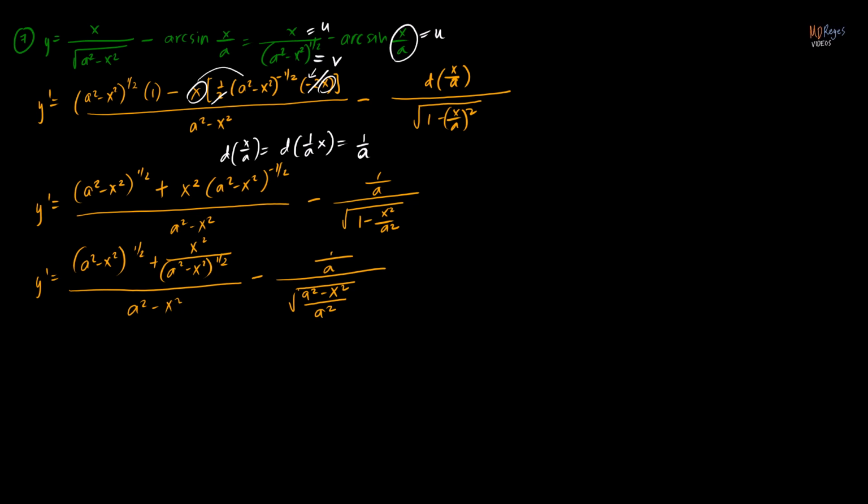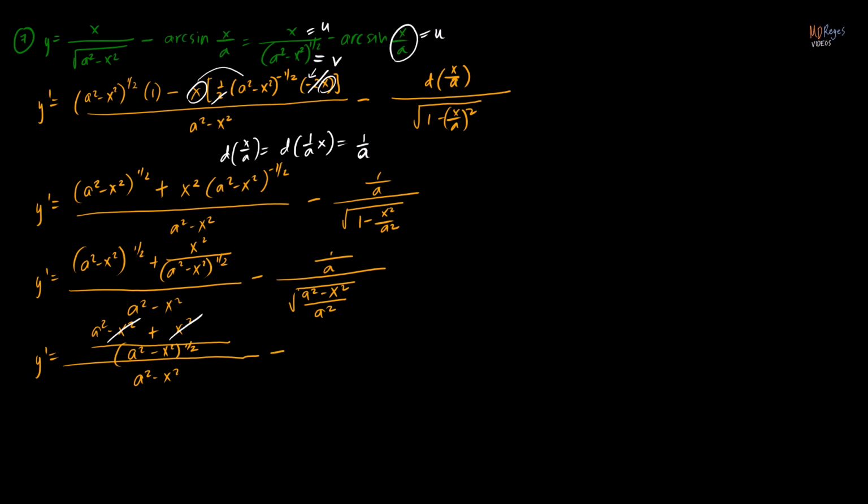Simplifying further, taking the LCD, we get y prime equals, so the denominator is still a squared minus x squared. Now the LCD between the two terms in the numerator would be a squared minus x squared raised to 1/2. Now a squared minus x squared raised to 1/2 multiplied by this, we'll get just a squared minus x squared, so plus x squared.